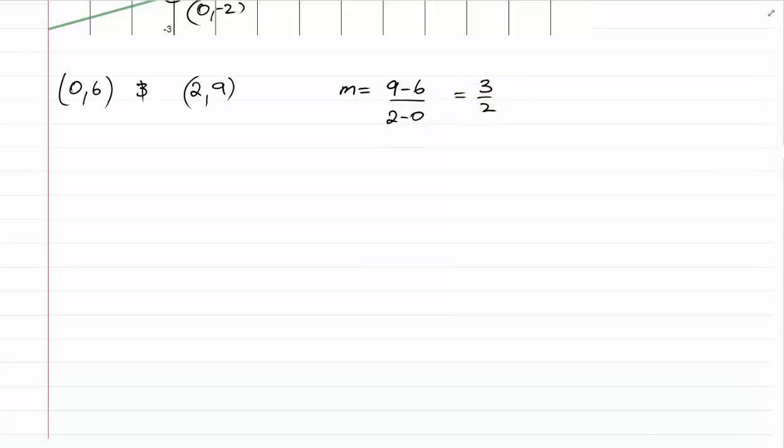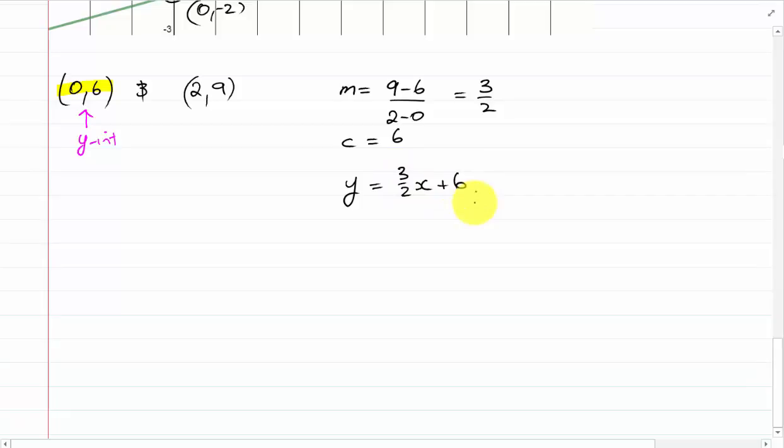And we're also fortunate in this case because we have the point (0, 6). As x equals 0, this is on the y-axis, so this is the y-intercept, which means that our c value is equal to 6 and y is equal to 3/2 x plus 6.